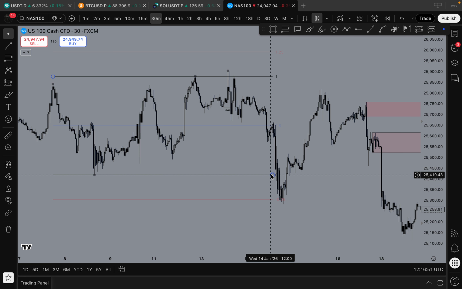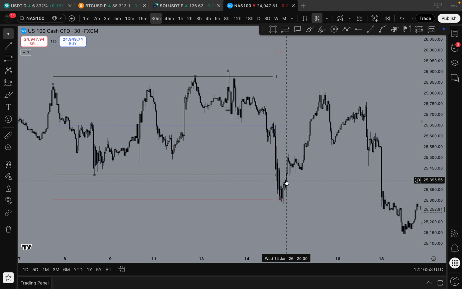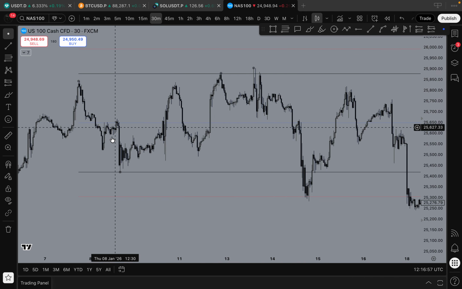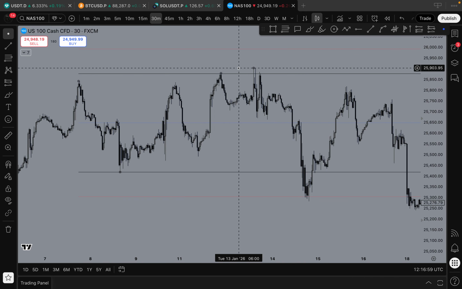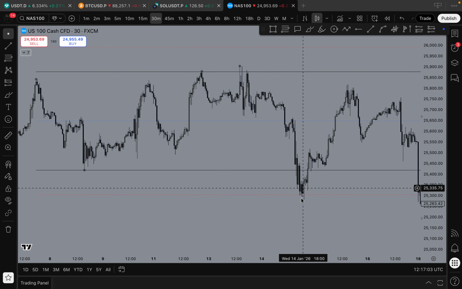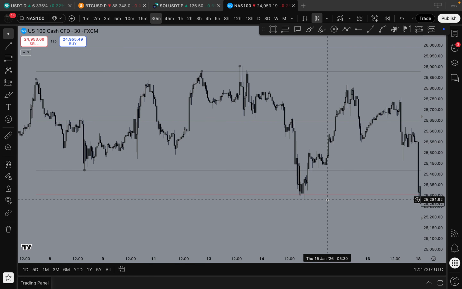So if we extend the range, you can see that you have your Model 1 distribution, price comes to the range low, and where does price come to? It sweeps the low, but it fails to close below the deviation threshold.